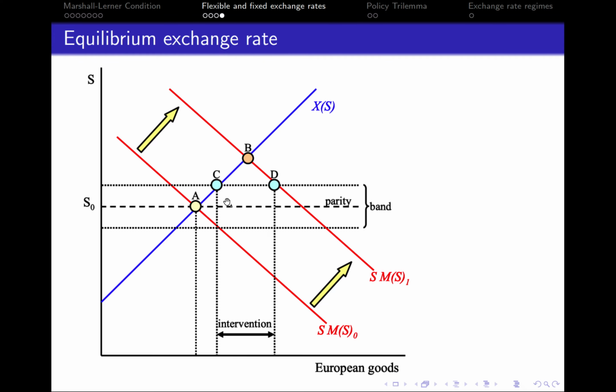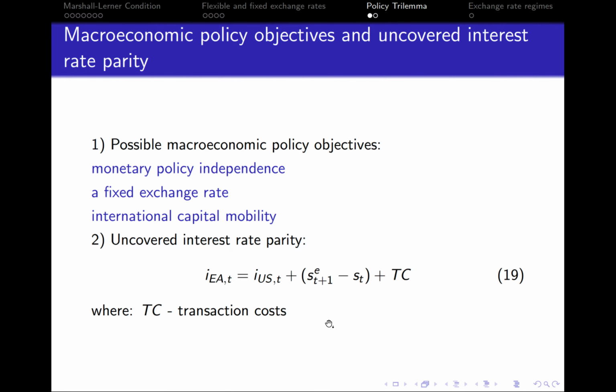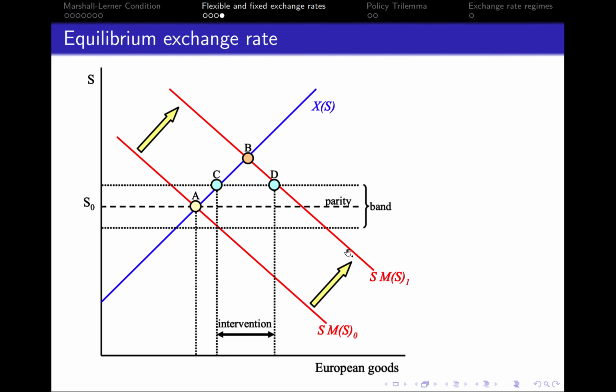Okay, now let's imagine a situation like this. The European Union decides to drastically decrease all customs duties on American goods. This will shift our imports function from position 0 to position 1.